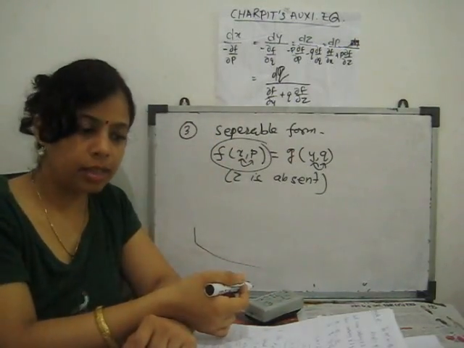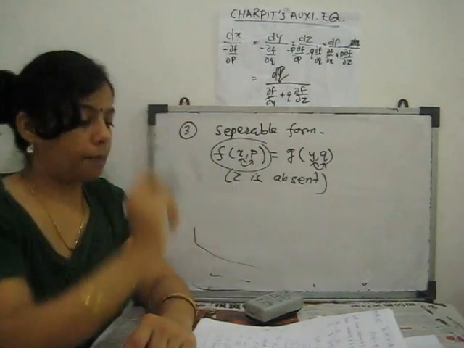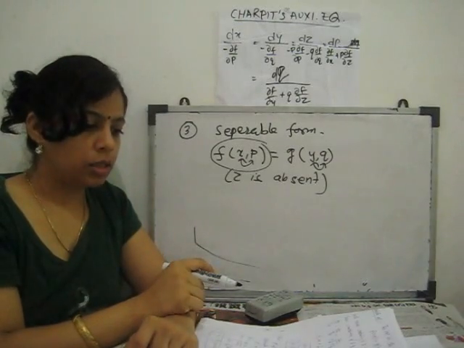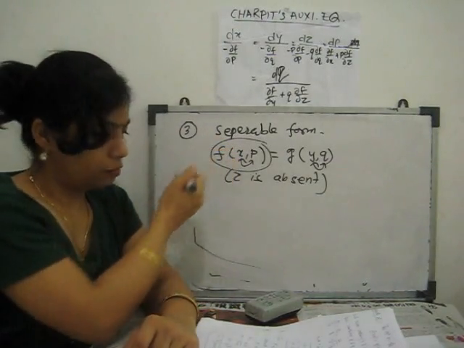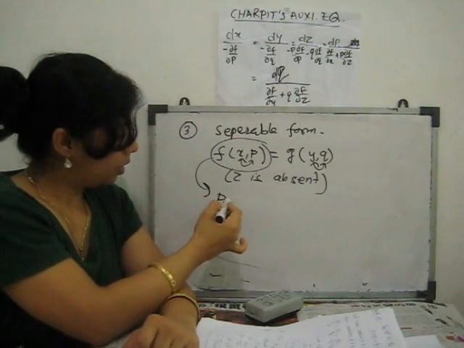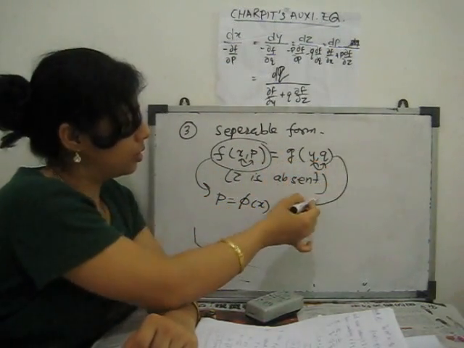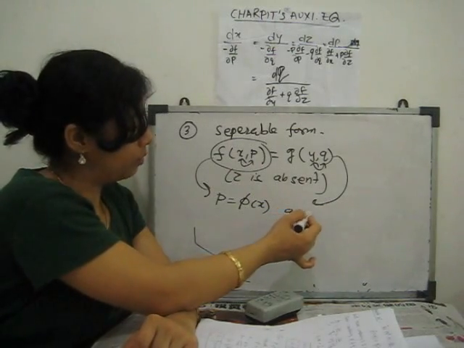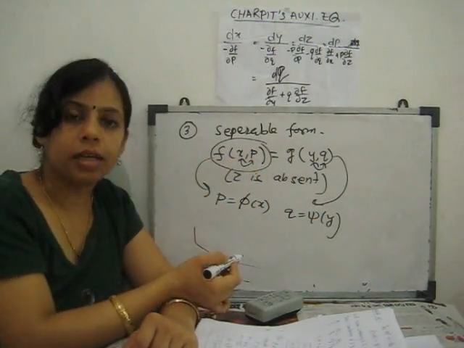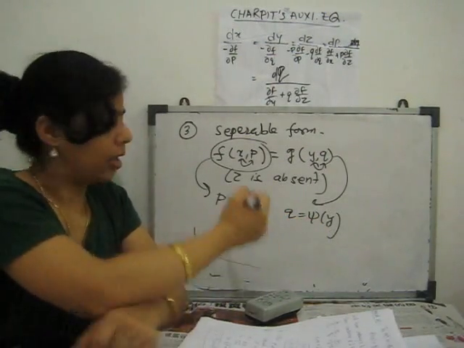If we separate these variables, then with Charpit's auxiliary equation we can find that p is equal to one function of x, and q is one function of y.